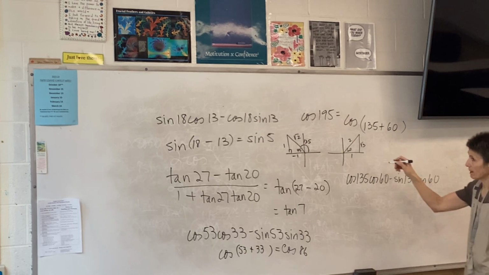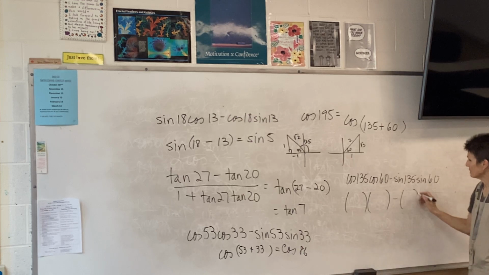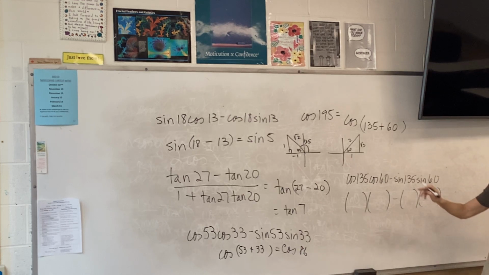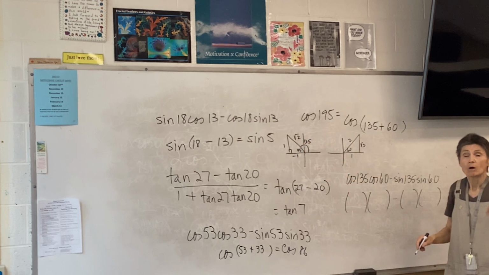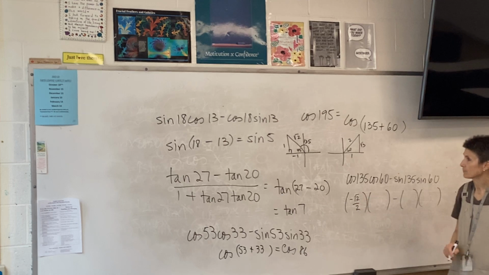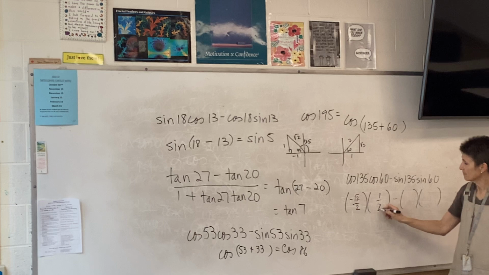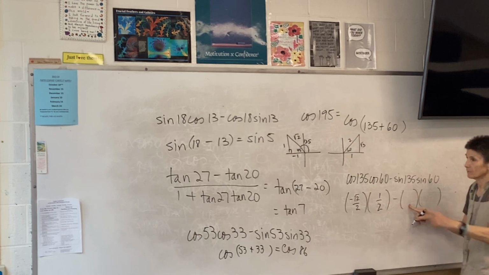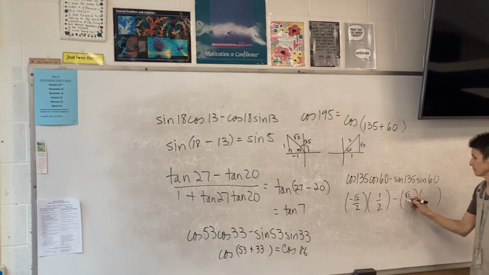Now I'll just look at my pictures and plug in all these numbers, and that will be the answer to the question. So cosine 135, negative 1 over root 2, or rationalized negative root 2 over 2. Cosine 60, 1/2. Sine 135 is actually positive 1 over root 2.